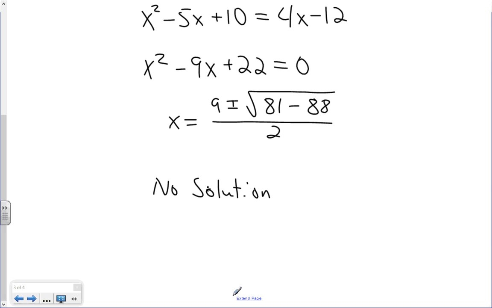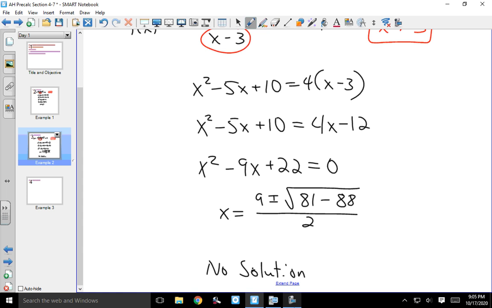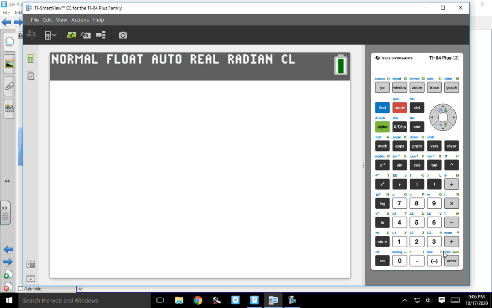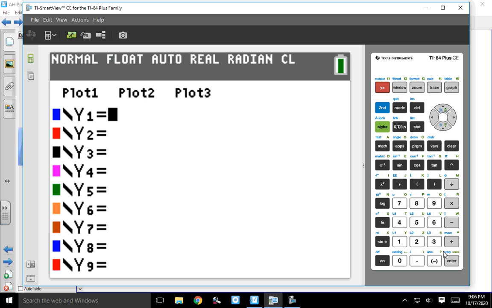And actually, we can grab our calculator and see why that's the case. Go ahead and grab your calculator and let's try this out. On your calculator, let's go to your y equals menu and put in the function f of x that they gave us, which was x squared minus 5x plus 10, and we'll divide that by x minus 3.